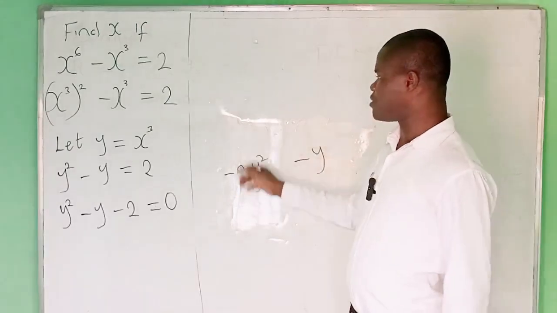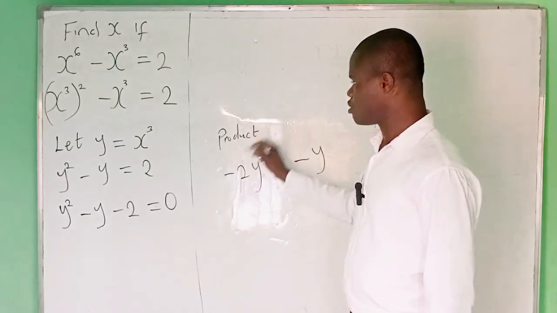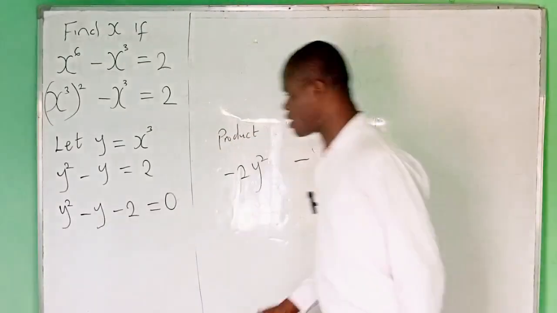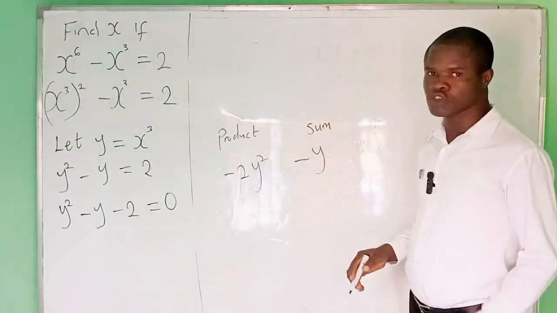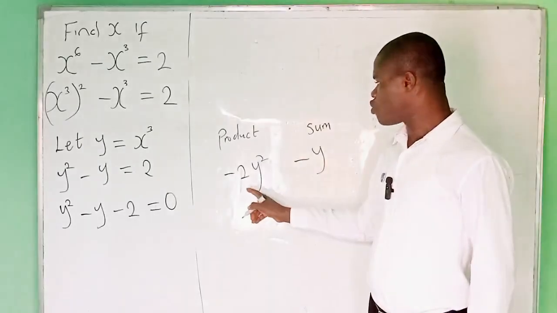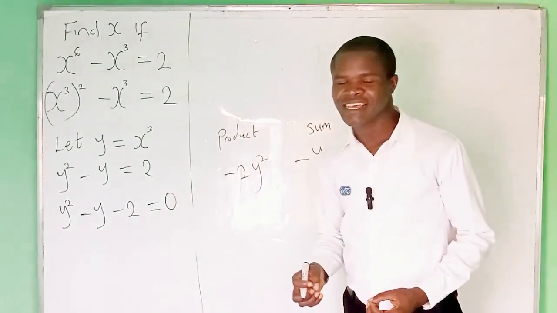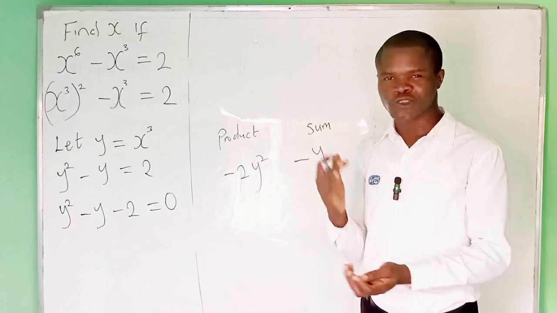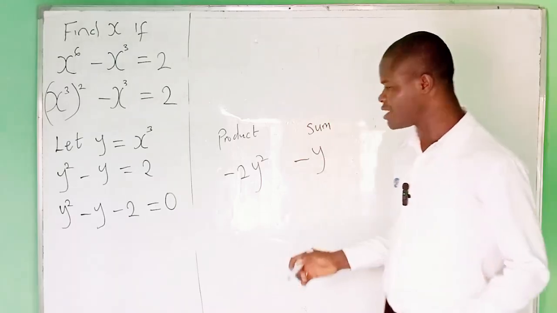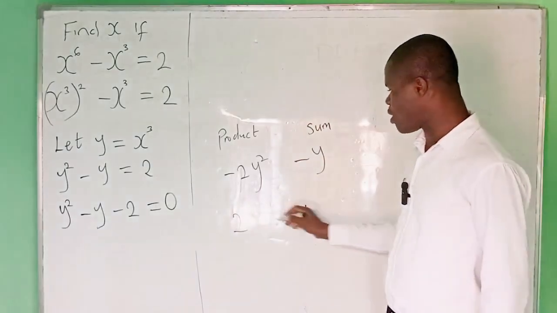So we got this term from the product of minus 2 and y squared, and this one is the sum. Our interest here is minus 2 and 1. So what are the two numbers that when you multiply them, you get minus 2, and when you add them, you get minus 1? Of course, those two numbers should be 2 and 1.